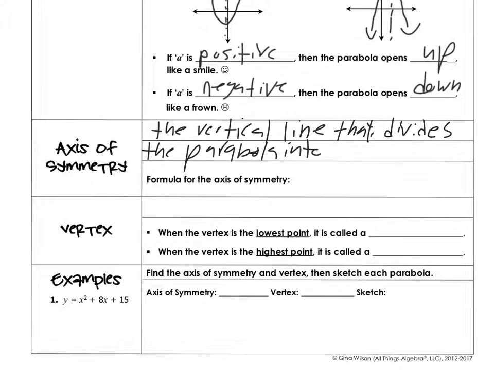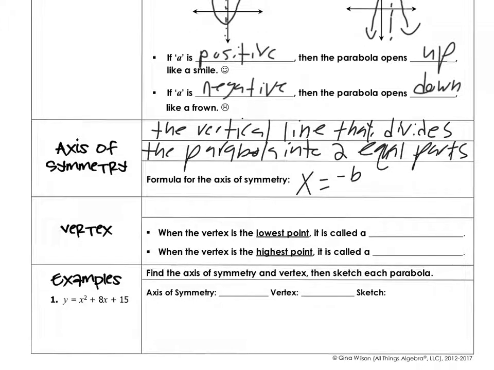Into two equal parts. And we have a formula that will always give us our axis of symmetry, which is awesome, and that's x equals negative b over 2a.